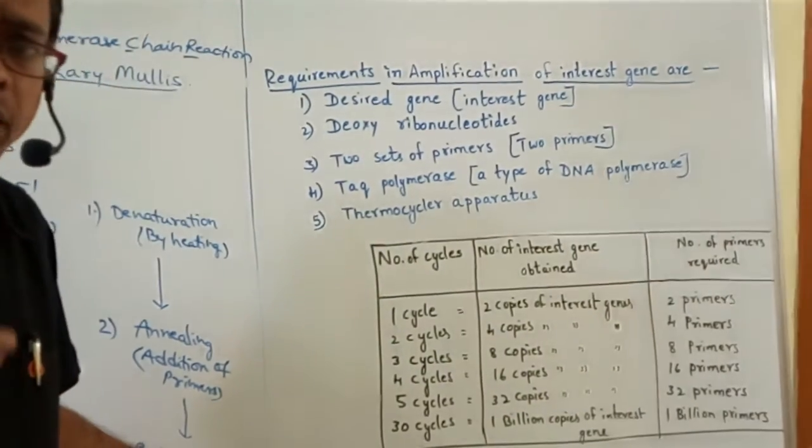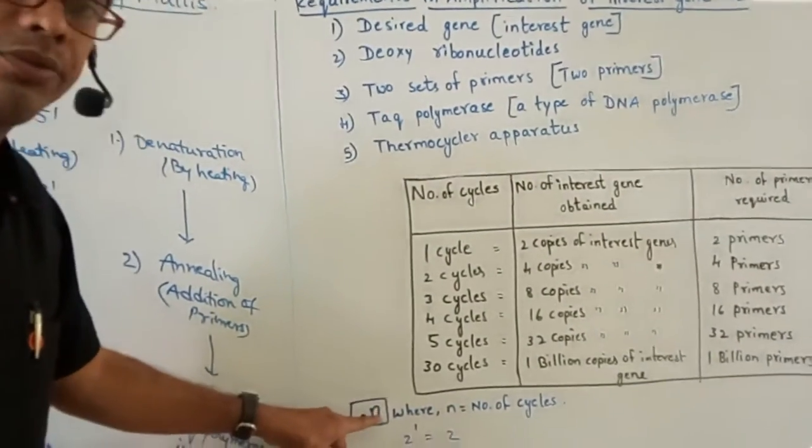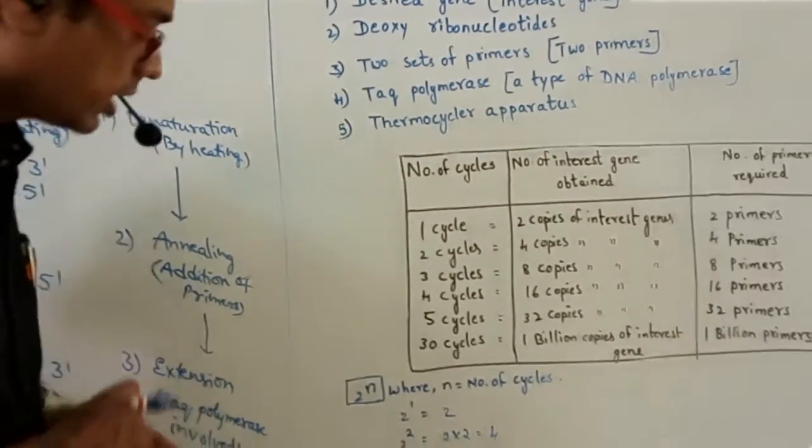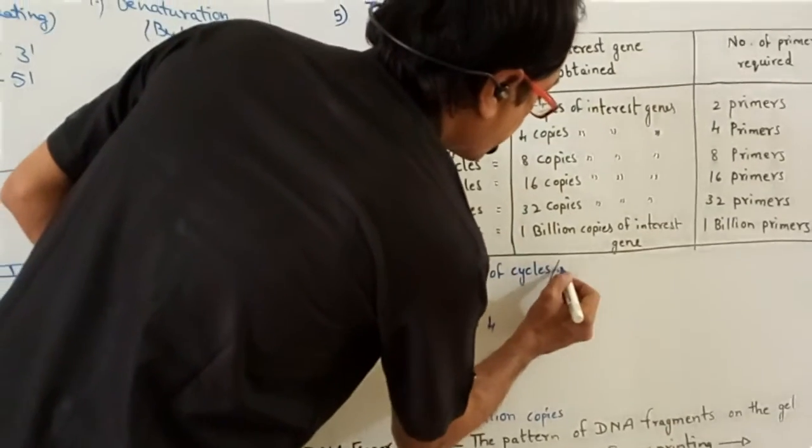So that is where I am giving the formula 2 power n, where n is equal to number of cycles or times.